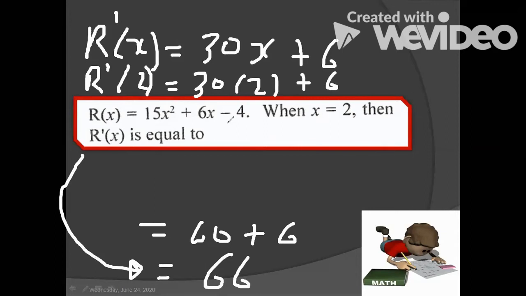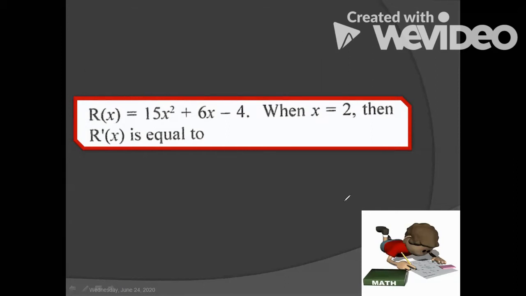So for this question, all we need to do is just to differentiate, and we know to differentiate because of this r prime. So r prime means that we're going to differentiate. When we differentiate the expression, we replace x with 2. Alright, so we're moving on smoothly.